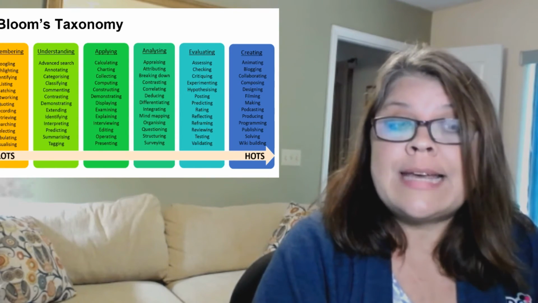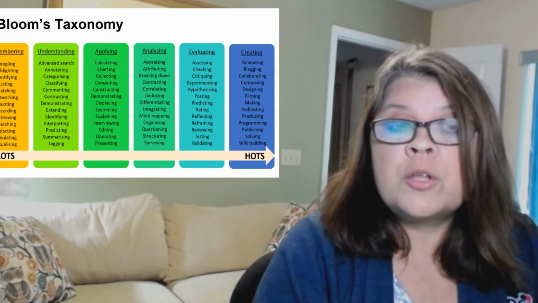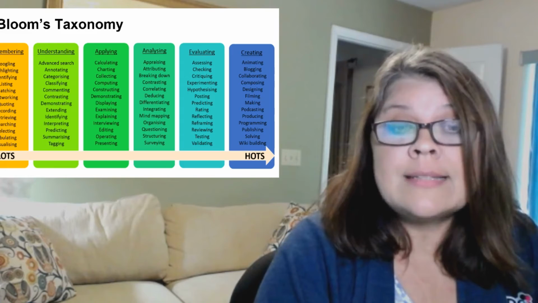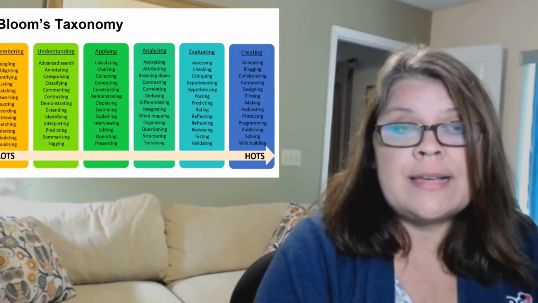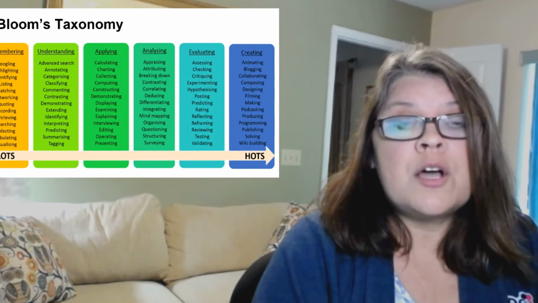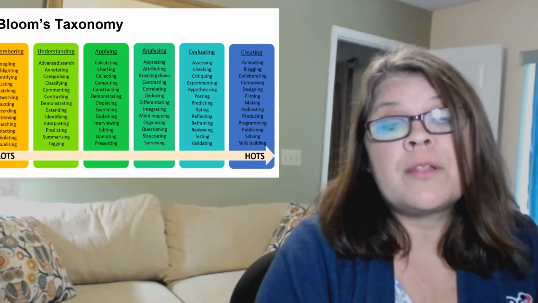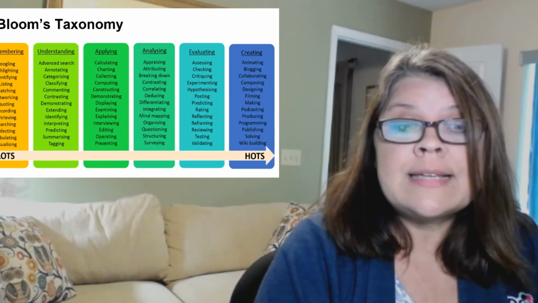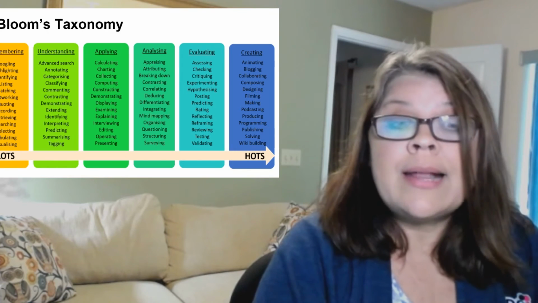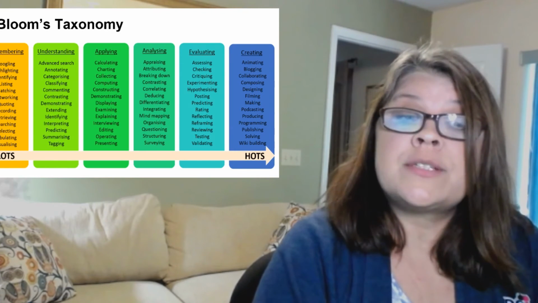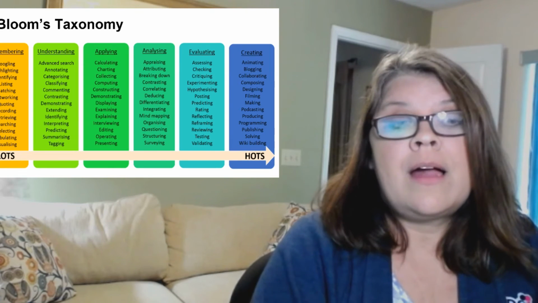On the slide, you'll see it starts from the lower order thinking skills, LOTS, to the higher order thinking skills, HOTS. For example, Googling and recording are associated with the low order thinking skills of remembering, while filming and podcasting might be associated with higher order thinking skills for creating.